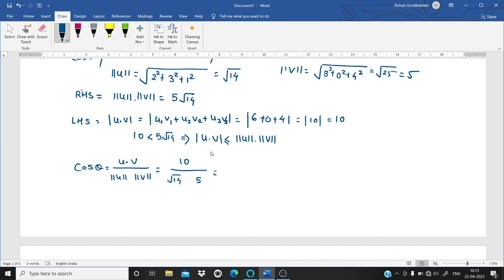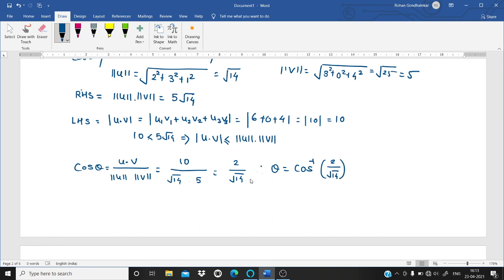So here I am having 5 to the 10, so 2 by root 14. Hence theta will be cos inverse of 2 upon root 14.